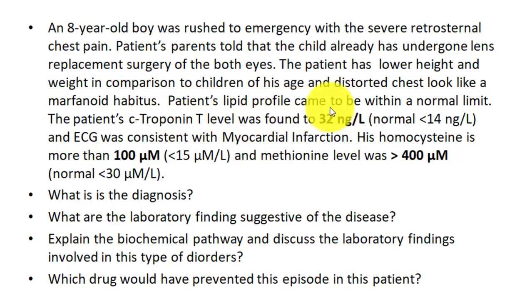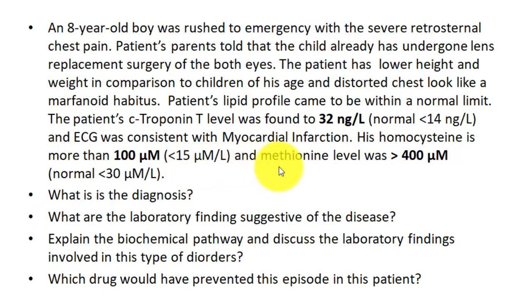The patient's lipid profile came to be within normal limits, and the patient's cardiac troponin T level was found to be 32 nanogram per liter. The ECG was consistent with myocardial infarction. His homocysteine is very high, more than 100 micromole per liter, and normal is less than 15.